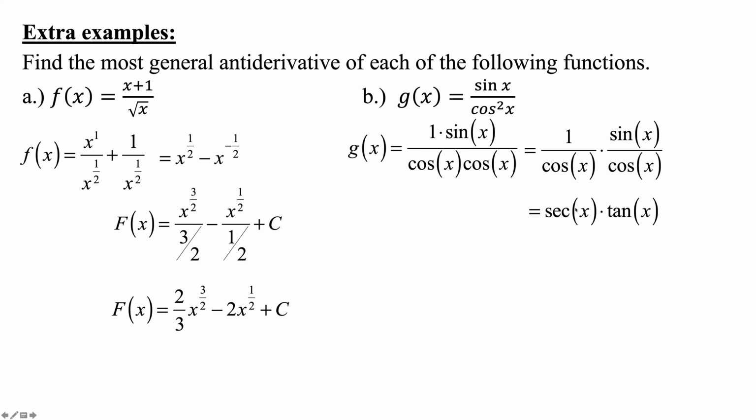Now that's easier to use. All right, so my g of x, secant x times tangent of x, that's the derivative of secant of x. So my capital G of x, or my antiderivative of g of x, is just secant of x plus c.